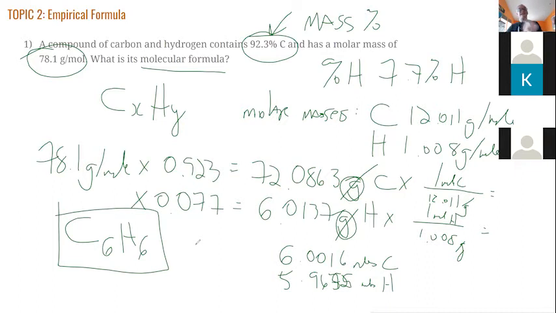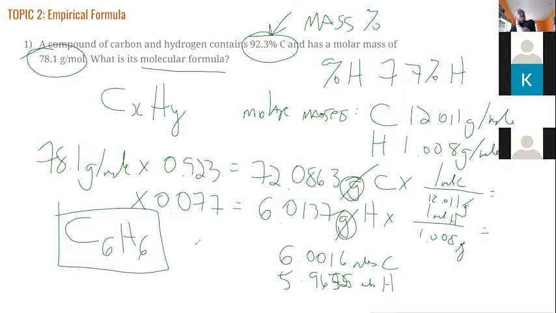Now, if we didn't have the molar mass, how would we do this? We wouldn't be able to get the molecular formula, would we? Would you use 92.3 and put that as grams?